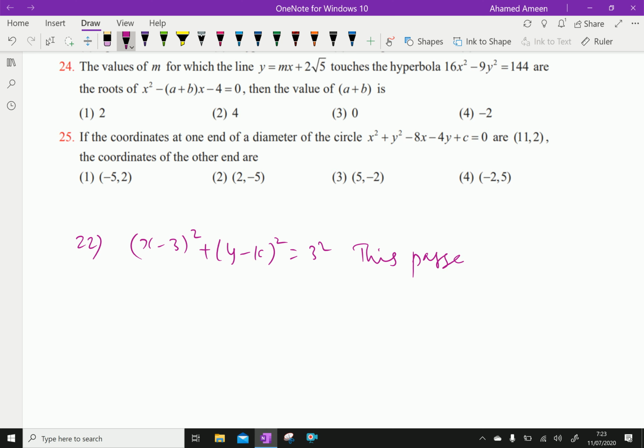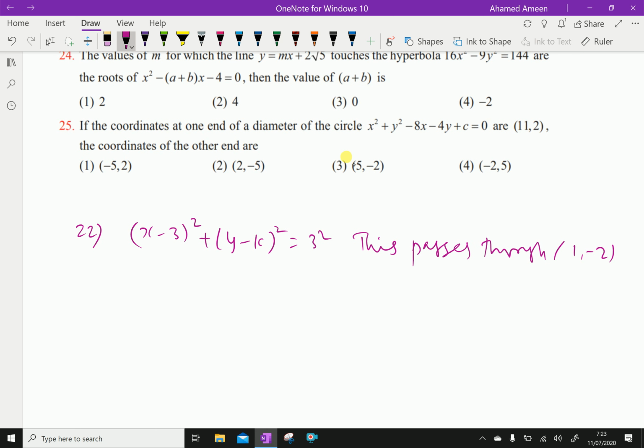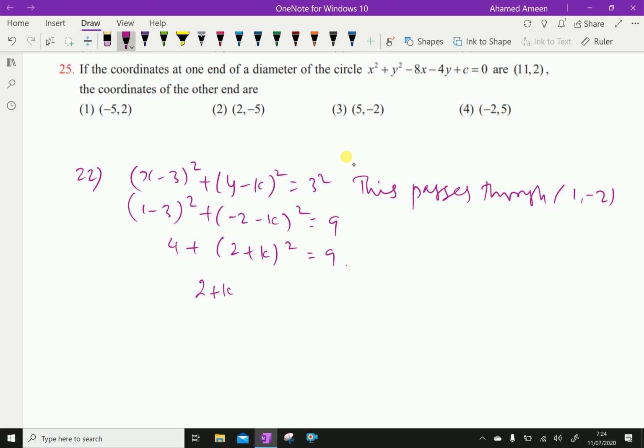So (x minus 3) squared plus (y minus k) squared equal to 9, this passes through the given point 1, minus 2. Let us substitute here x as 1: (1 minus 3) squared plus (minus 2 minus k) squared equal to 9. Here 1 minus 3 is minus 2, squared is 4, and (minus 2 minus k) whole squared is (2 plus k) whole squared equal to 9. Then 2 plus k equal to the square root of 9 minus 4, that is root 5.